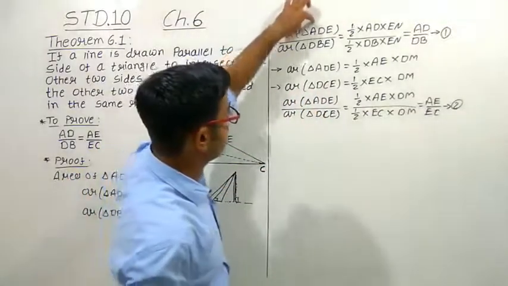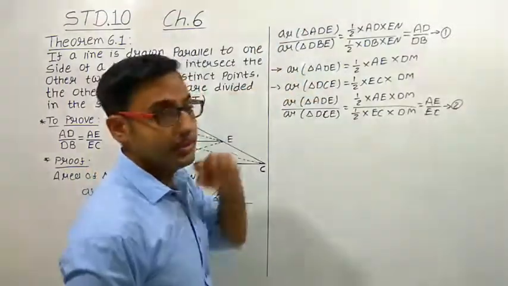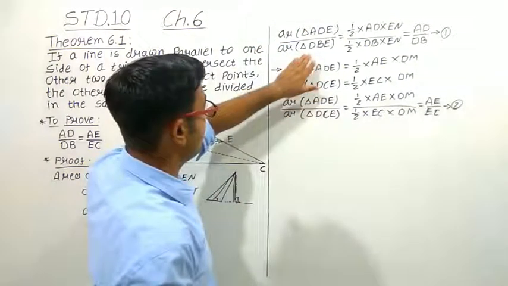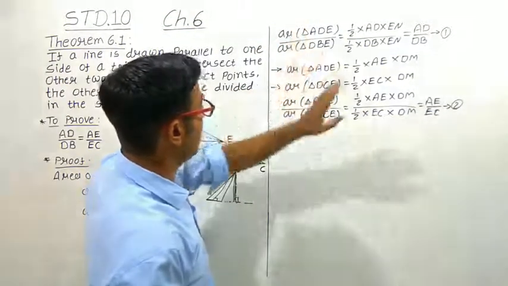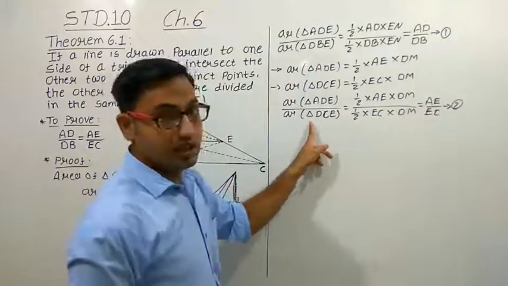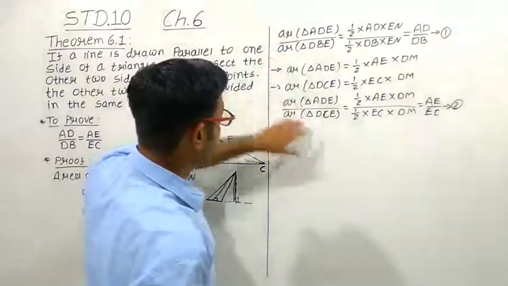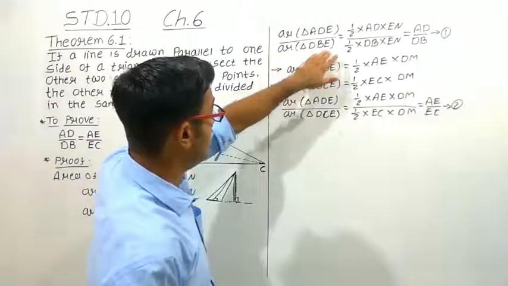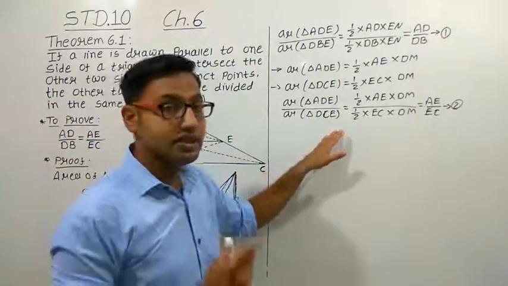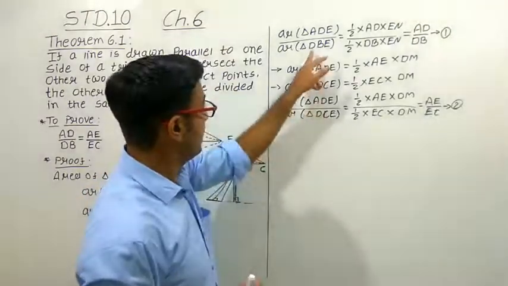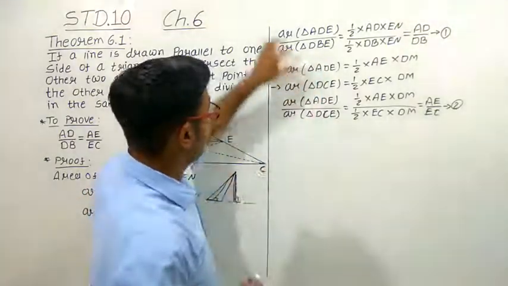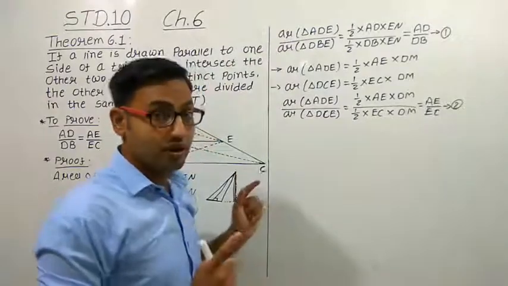In the numerator there is triangle ADE. Here also there is triangle ADE. In the denominator there is triangle DBE, but here the denominator is triangle DEC. So anyhow we have to prove that both these triangles DBE and DCE have the same area. If both areas become equal, then these two ratios will also become equal.